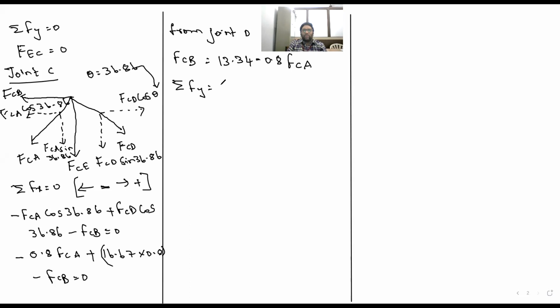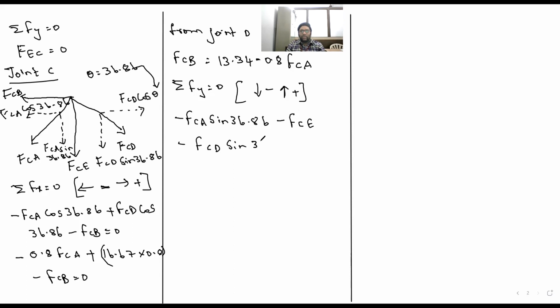Next, let us take sigma Fy is equal to 0. So like that, downward negative, upward positive. So here all the forces are downward only. That means minus FCA sin 36.86 minus FCE minus FCD sin 36.86 is equal to 0. Okay. So minus 0.6 FCA. What is FCE? FCE is 0.